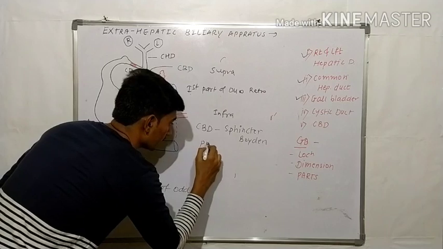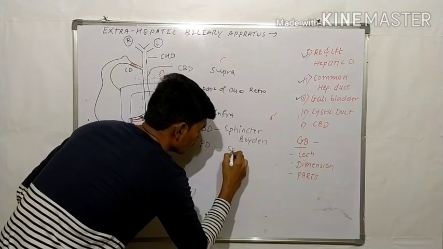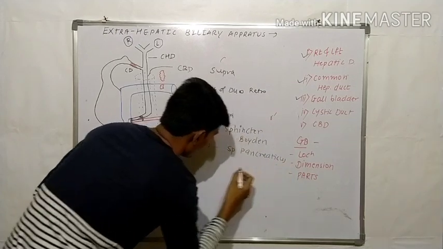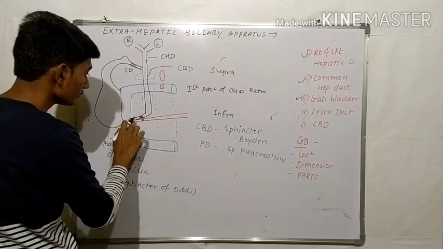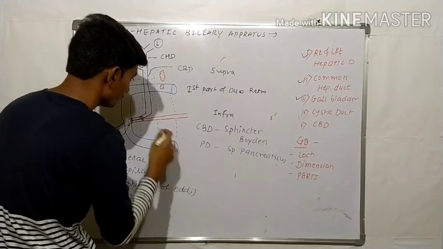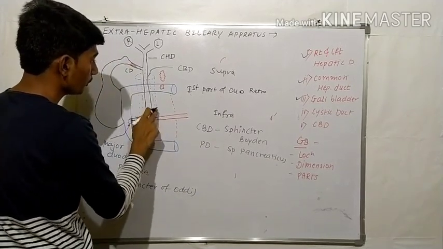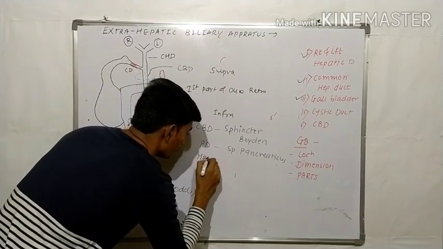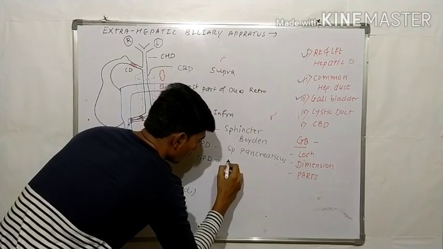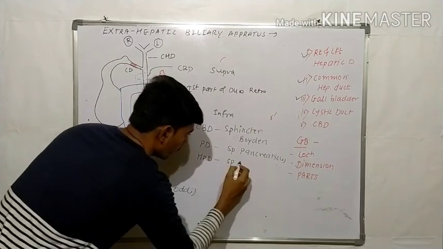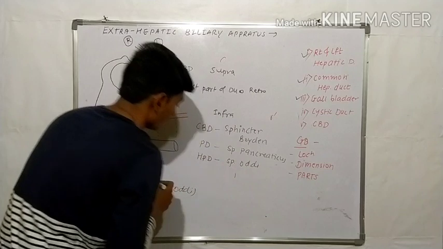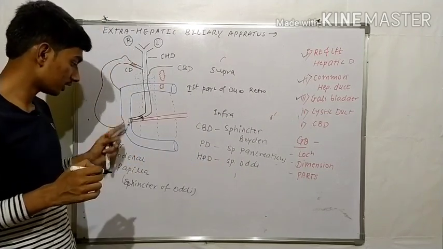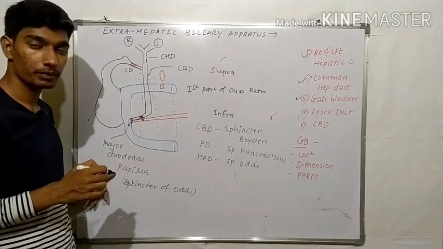After fusion of both, the hepatopancreatic duct is guarded by the sphincter of Oddi. And this hepatopancreatic duct opens near the major duodenal papilla.